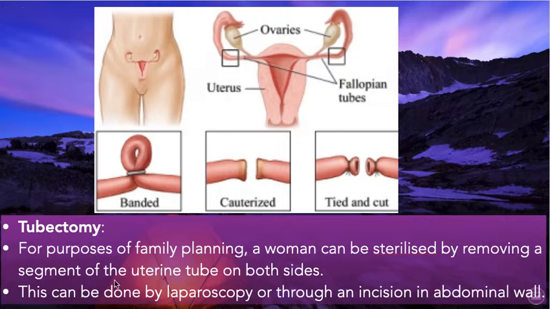Tubectomy. For the purpose of family planning, a woman can be sterilized by removing a segment of the uterine tube on both sides. This can be done laparoscopically or through an incision in the abdominal wall. You can see the fallopian tubes, they could be banded, cauterized, tied, or cut.